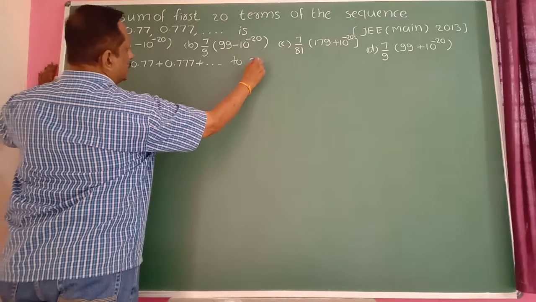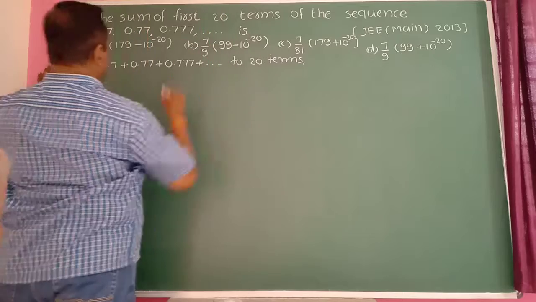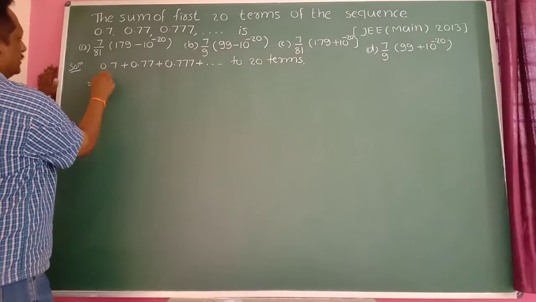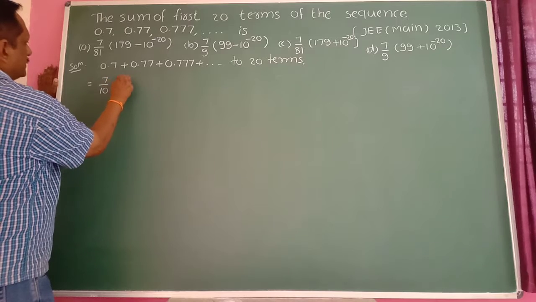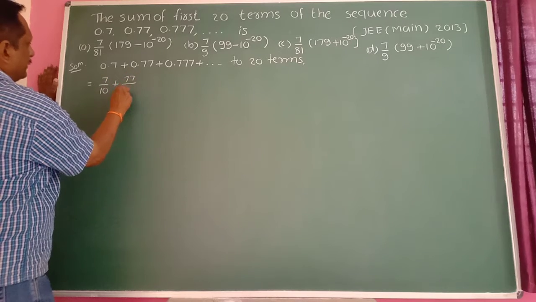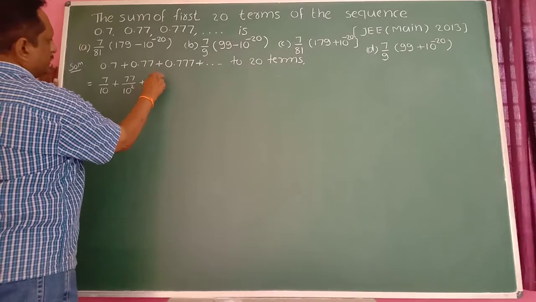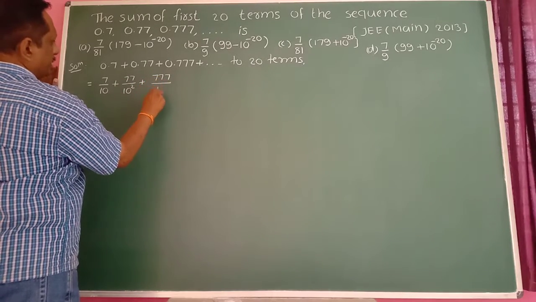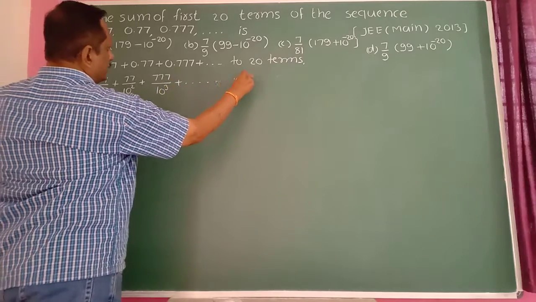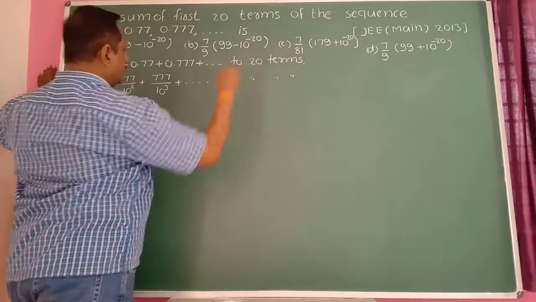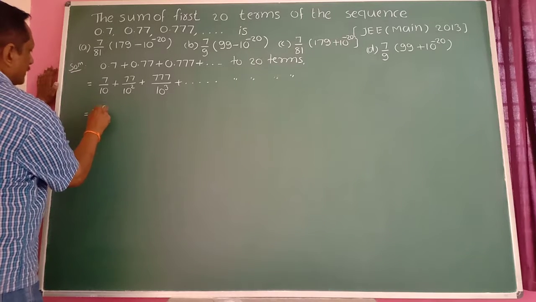So this is equal to 7 by 10 plus 77 divided by 10 square plus 777 divided by 10 cube up to 20 terms here. Then 7 is the common factor here.